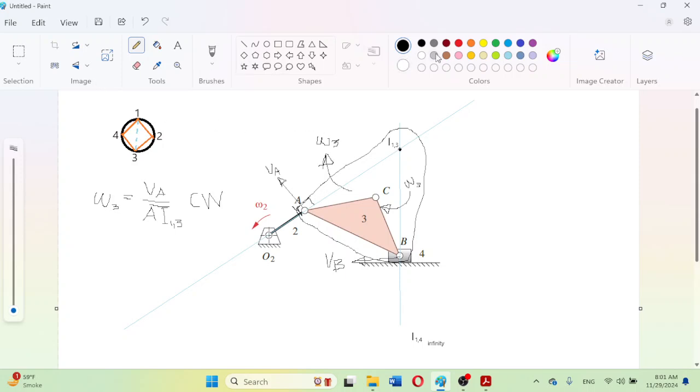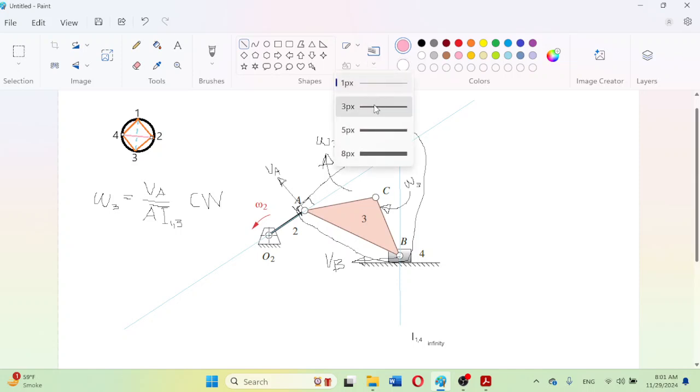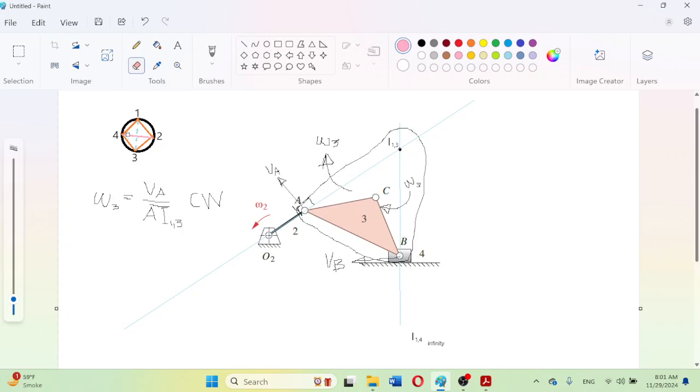After that, for example, we will find the instant center I2,4. So use another trio, with a different color. For example, you can use this pink color here, like this, and also change its weight a bit, making it in a bit of a test pattern like this.